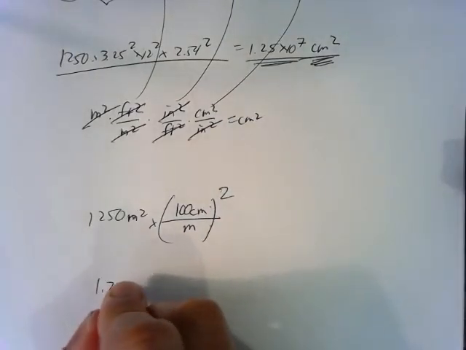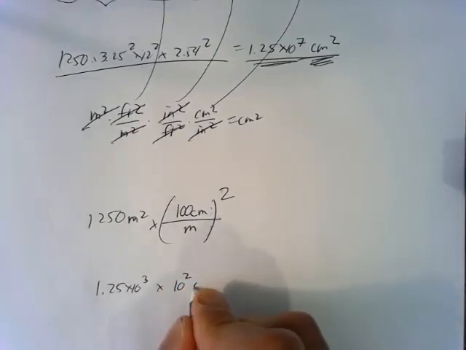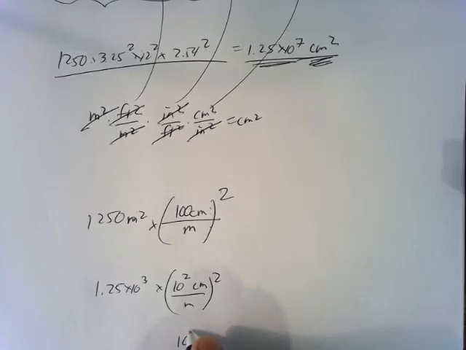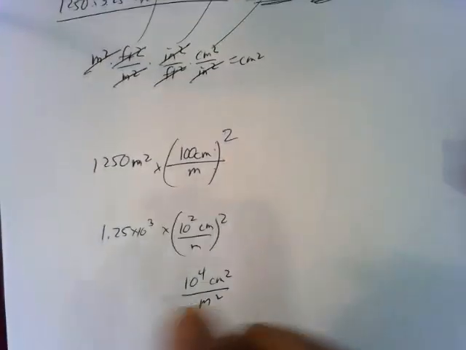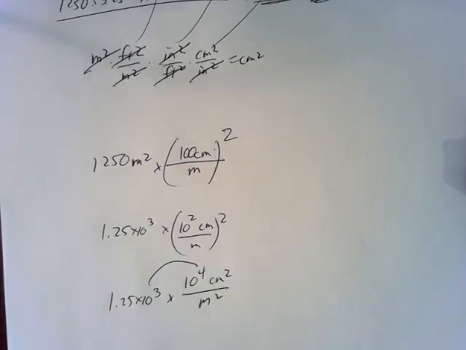So we would be taking 1.25 times 10 to the third times 10 squared centimeters per meter and squaring that. 10 squared, 10 to the second squared is 10 to the fourth, centimeter squared, meter squared, 1.25 times 10 to the third times 10 to the fourth.